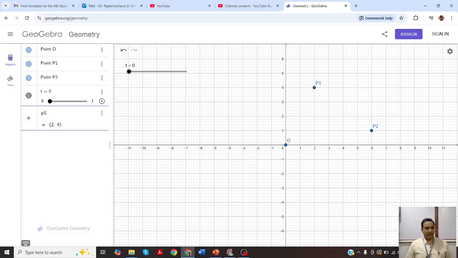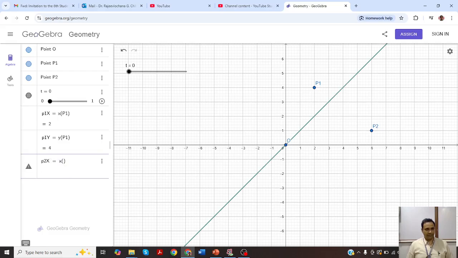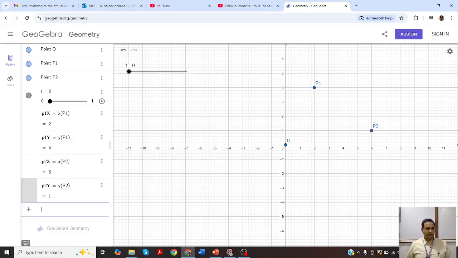Okay, p1x is equal to x of p1 in this manner. Similarly, p1y is equal to small y of p1. Similarly, we'll have p2x is equal to x of capital P2, p2y is equal to y of capital P2.